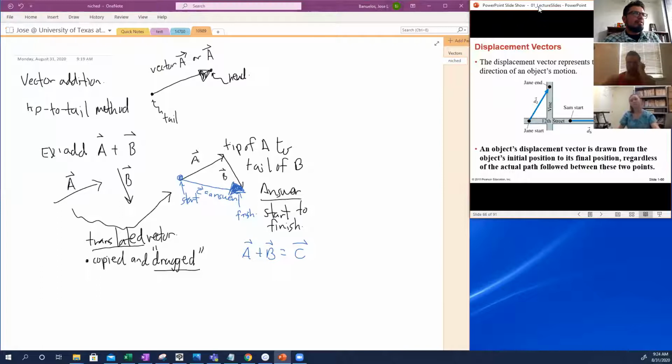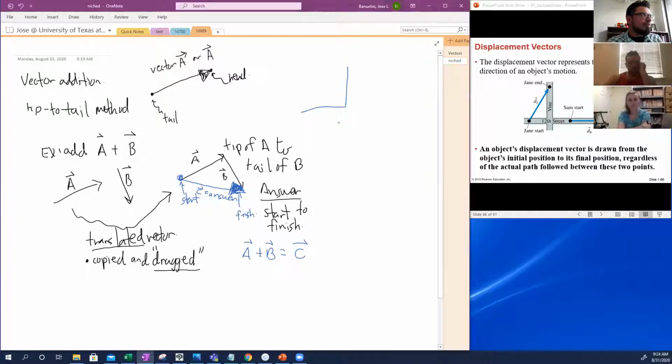So if we go back, here's our picture of Jane and Sam. And in this case, the important thing to emphasize is these displacement vectors don't necessarily care about what's in between the starting point and the end point, right?